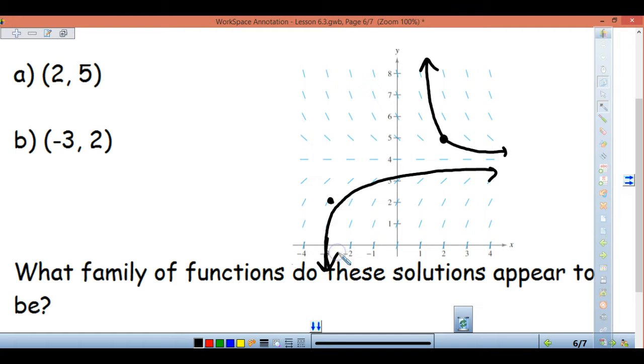So just to practice sketching on slope fields and to not have the function pass through horizontal asymptote barriers like that. So which types of functions do these appear to be? To me these look like some kind of translated exponential function.